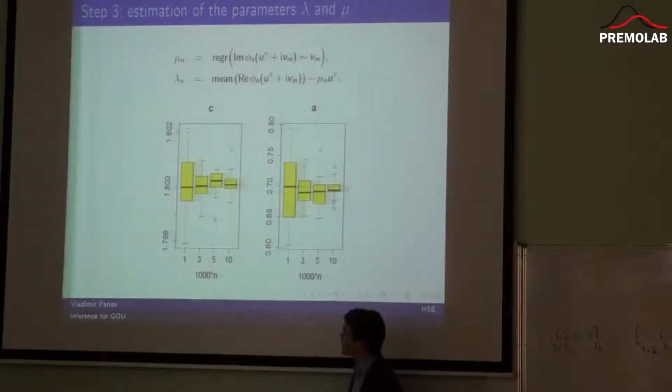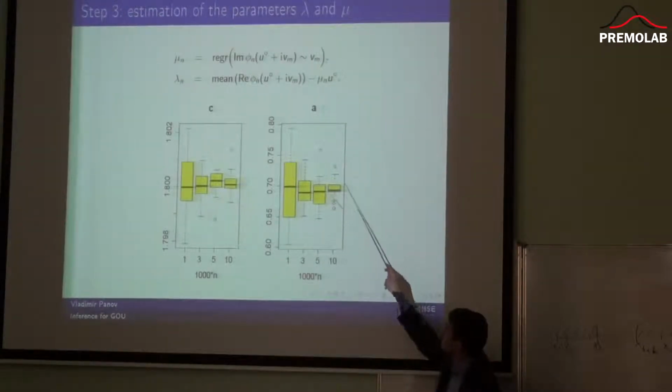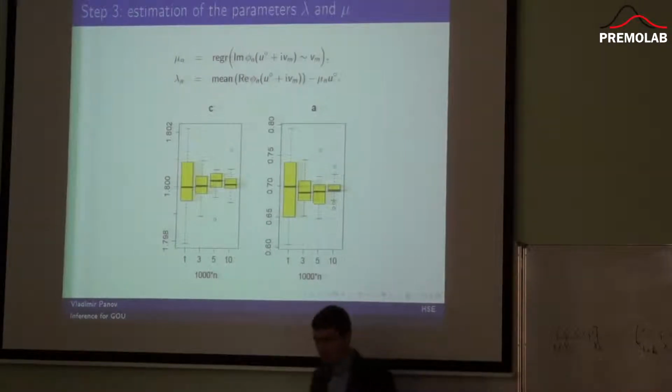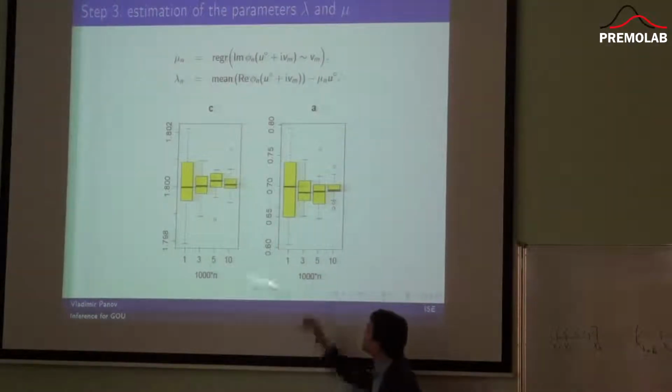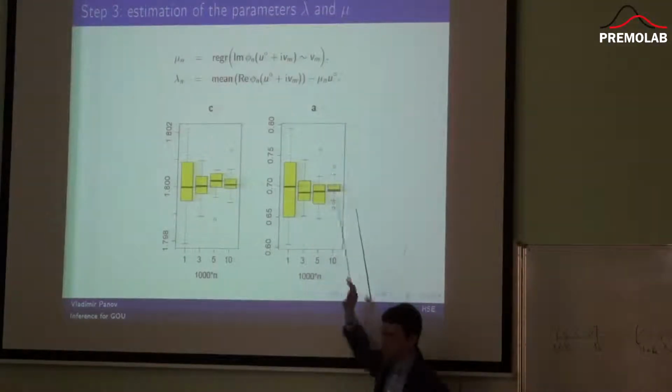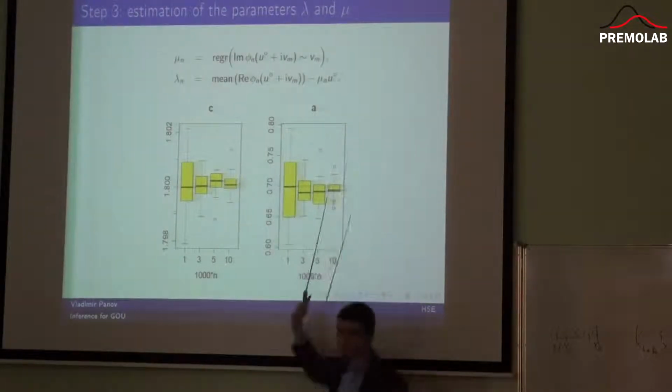Already at n equal to 10,000, our estimator becomes much closer to the original value. That's shown here, the absolute values of the errors. So C and A is a misprint, of course. C is actually mu and A is actually lambda.